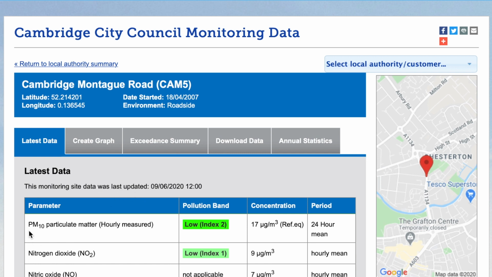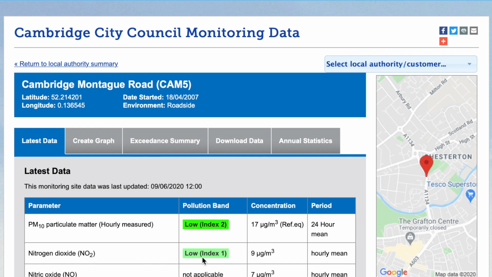And we can see here there's two of the things that we were looking at being measured. So first of all, there's this thing called PM10, and you can see here that currently the pollution of PM10 is low. And then the other thing that we were looking at is nitrogen dioxide. That is also low at the moment.